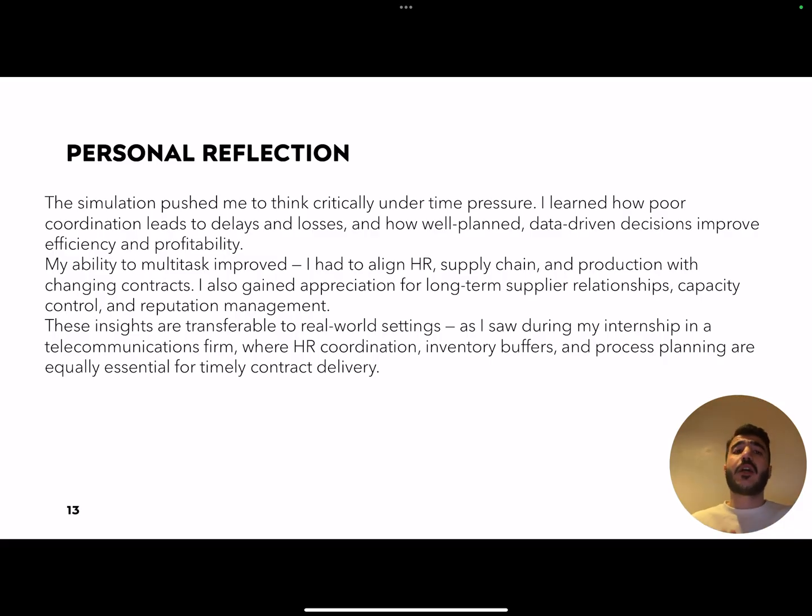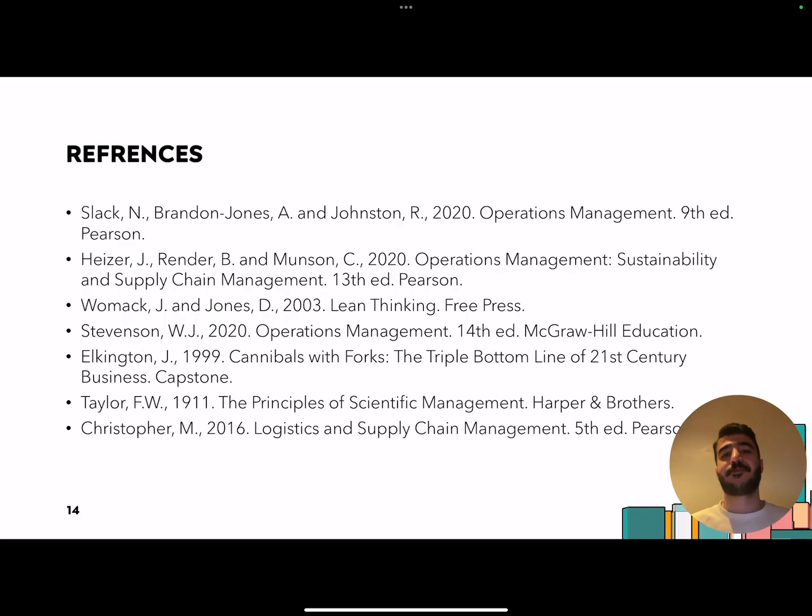I also gained appreciation for long-term supply relationships, capacity control, and reputation management. These insights are transferable to real-world settings, as I saw during my internship at a telecommunication firm, where HR coordination, inventory buffers, and process planning are equally essential for timely contract delivery.